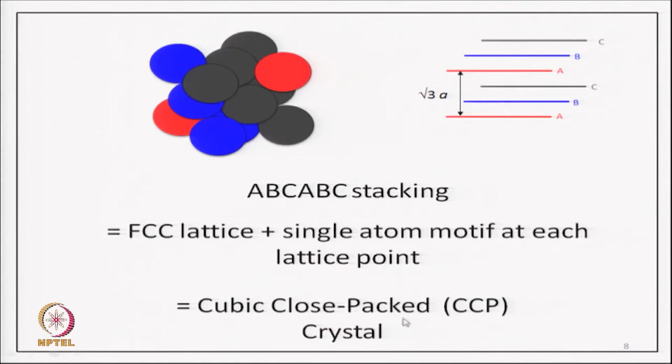However, by calling it a cubic close packed crystal, we are trying to make a distinction between the crystal and the lattice. So, the crystal is cubic close packed and it has a lattice which is FCC and has a motif which is one atom at each lattice point.